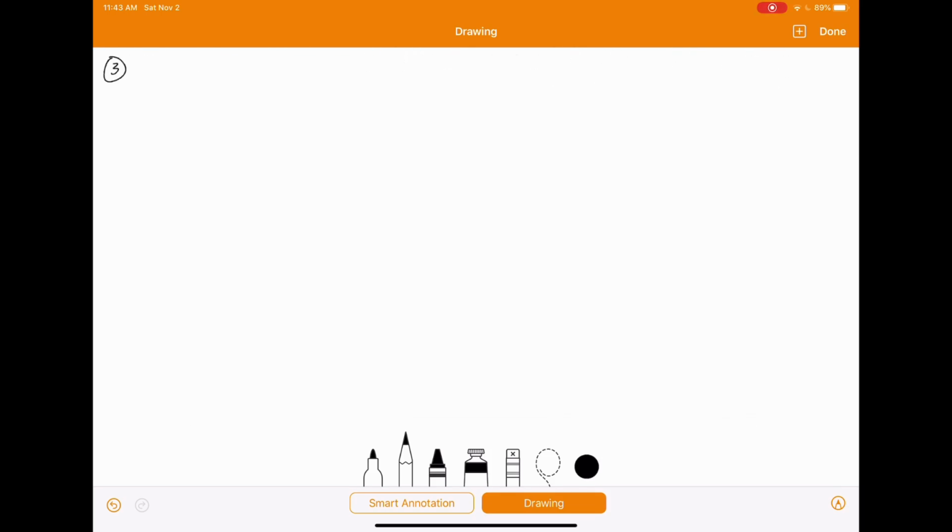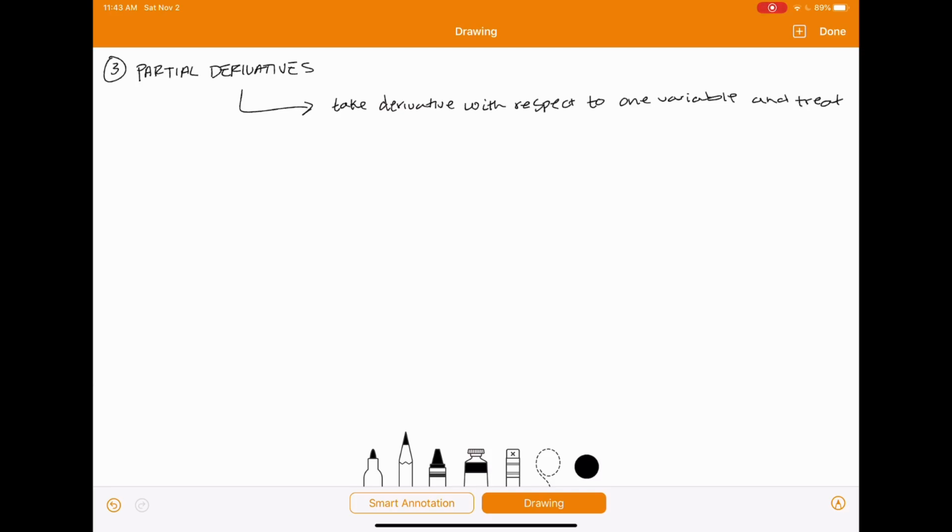All right, so let's now talk about partial derivatives. You're going to take the derivative with respect to one variable and treat all other variables as constants, or as just an ordinary number.